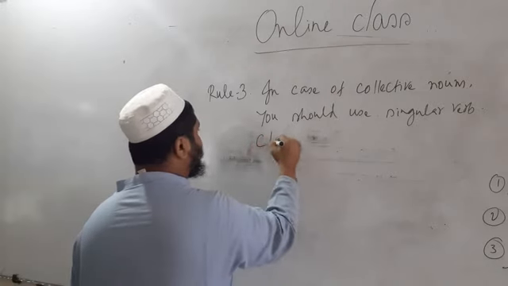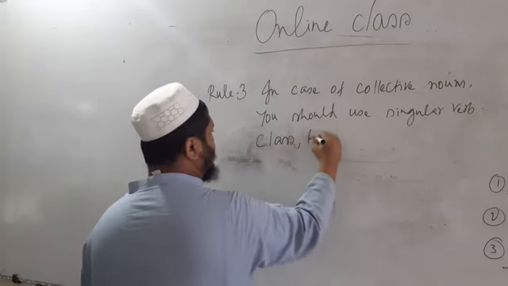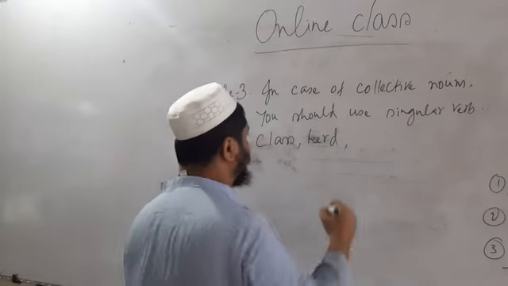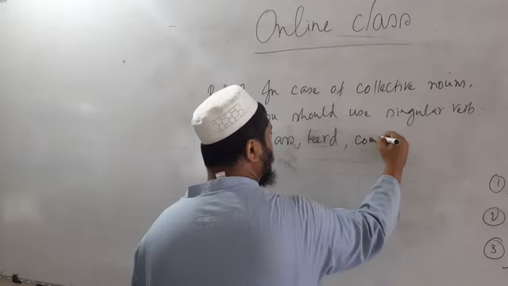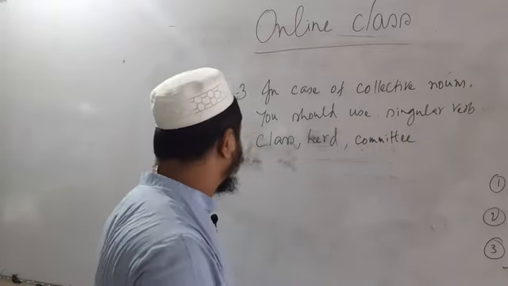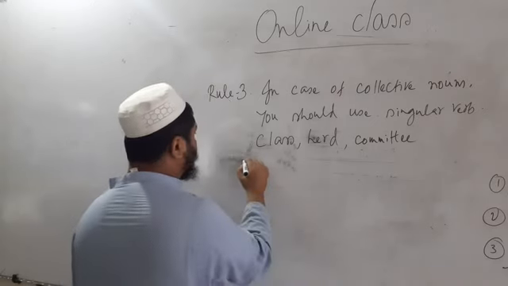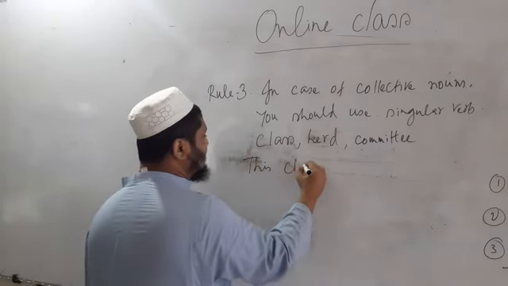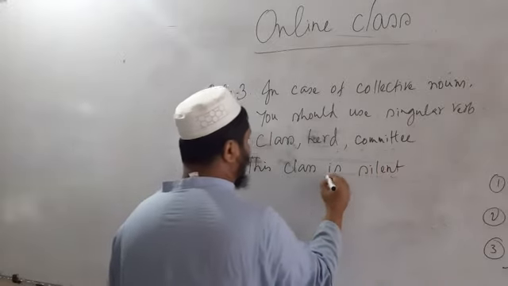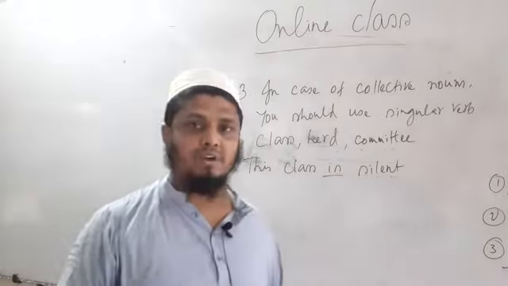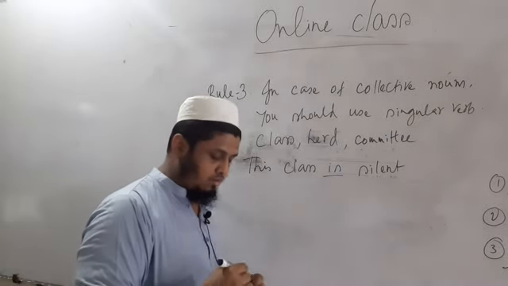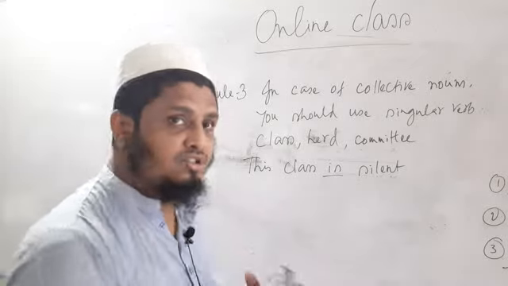Suppose class, herd, committee. These are collective nouns. These are the examples. This glass is silent. Here the verb is singular. So this is an example of collective nouns. Okay. Next rule.